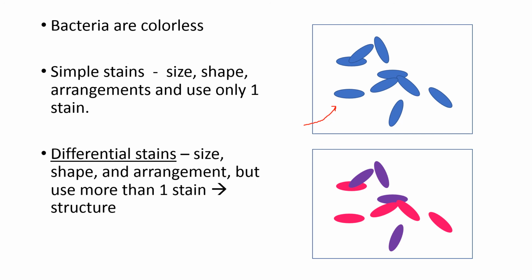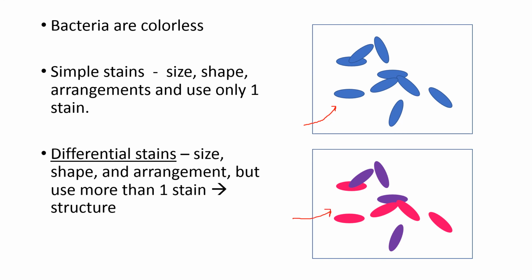Differential stains use more than one stain to color cells or the structures of cells. So differential stains use more than one stain to distinguish among cells based upon their structure. Now notice that here we have a differential stain.